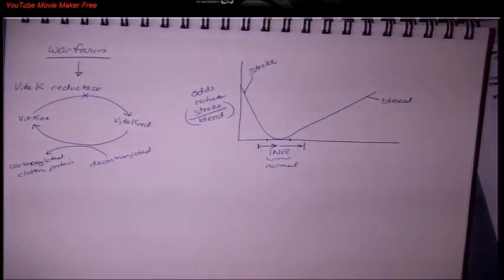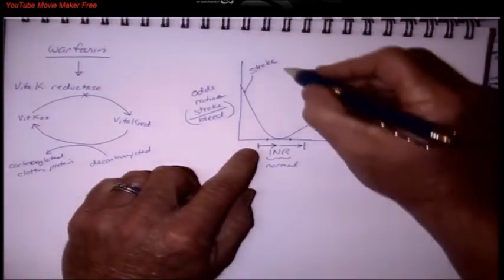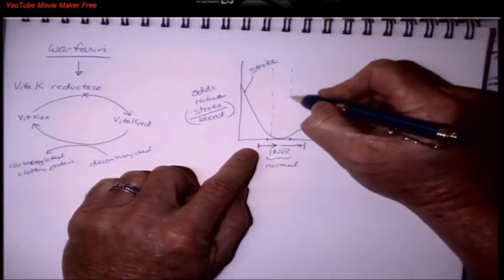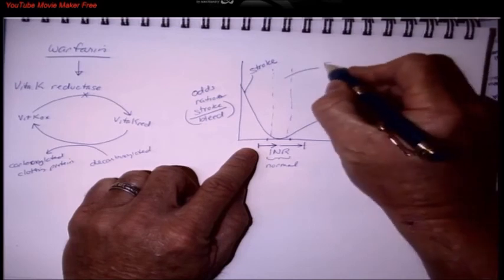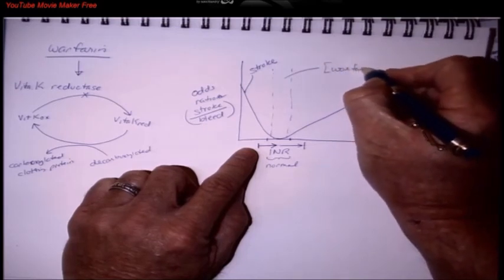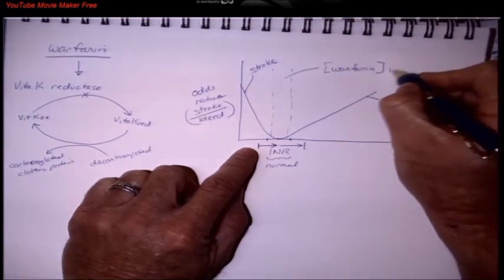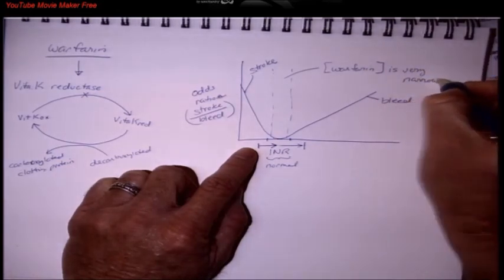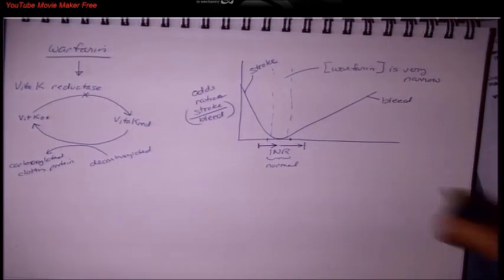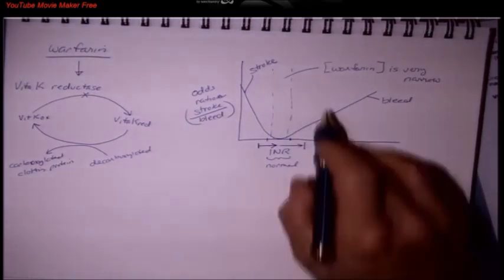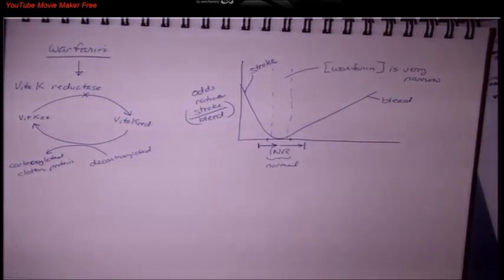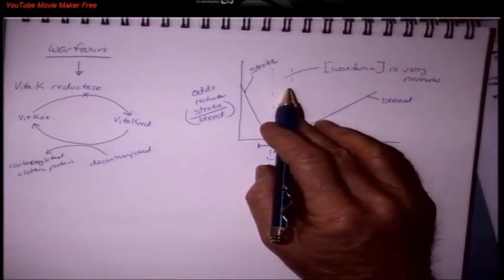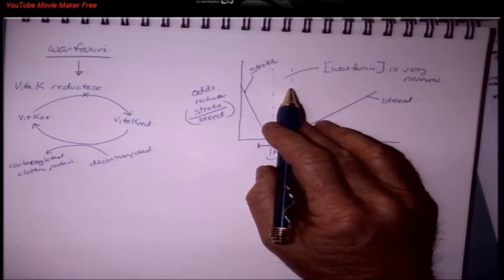Now, the problem with warfarin is that the concentration of warfarin to keep us right here is very narrow. The warfarin dose to a patient needs to be adjusted very, very delicately. We're talking very small changes on the order of 1 milligram on dosages.